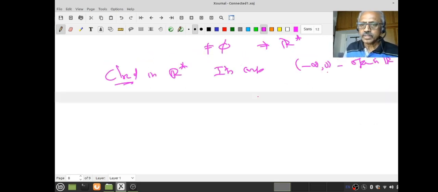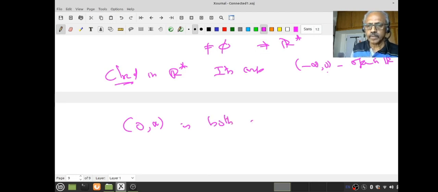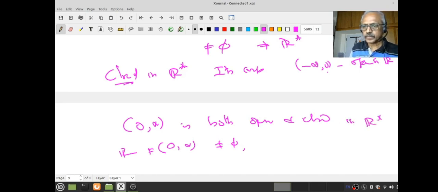Therefore I have shown 0 to infinity is both open and closed, and it is not empty and it's not equal to R star. Therefore R star is not connected.